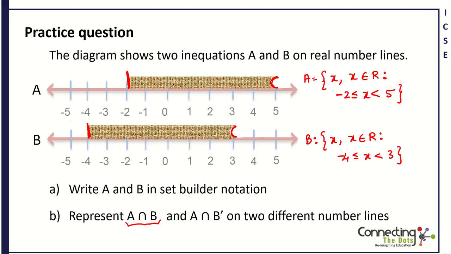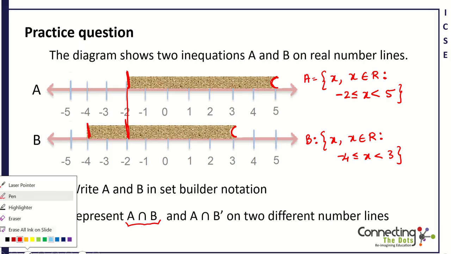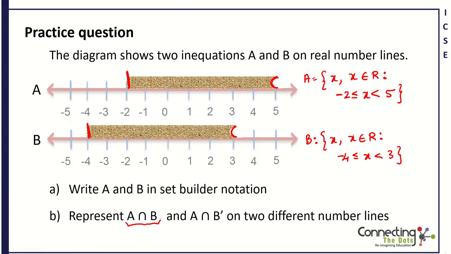So A intersection B would be everything in A and B. So intersection is A and B. So that would be all the numbers from negative 2, because I'm identifying, and I'll use a different color for this, the parts of the number line where it overlaps or is common to both A and B. So it would be everything from negative 2 all the way up to 3, but not including 3.